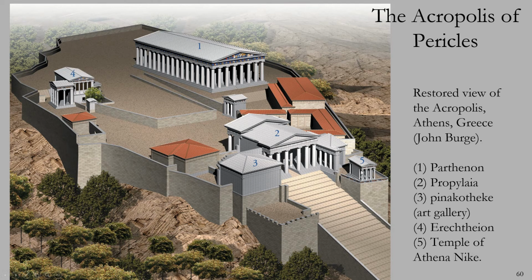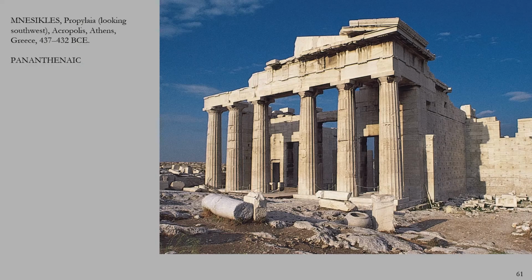But the first building we're going to look at is this Temple of Athena Nike. Athena had several different aspects. She could take different guises or roles. And one of her roles was the role of victory. That's what Nike means. That's why your shoes are called Nikes, because when you wear them, you will be victorious in whatever sport you are participating in.